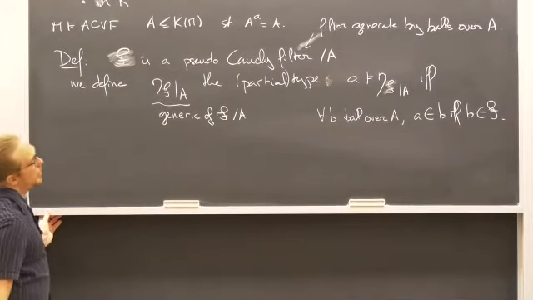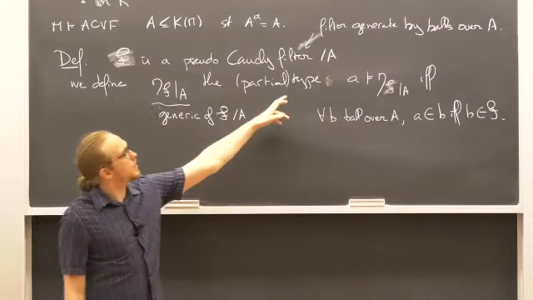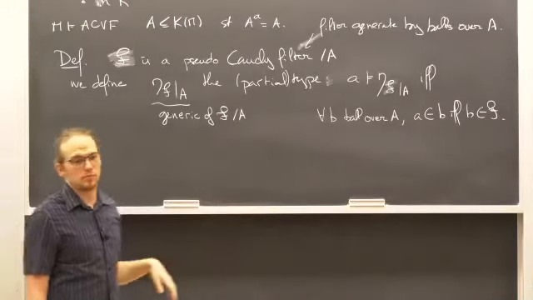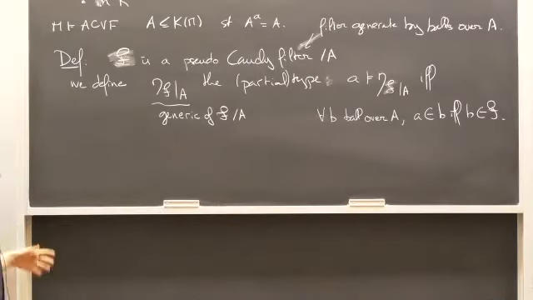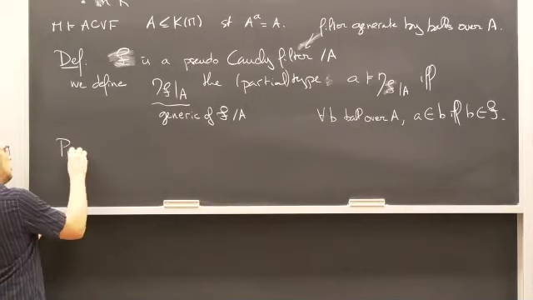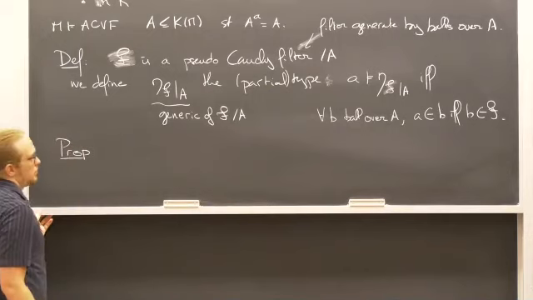And so the main thing we want to prove is that this is actually a complete type, and that in fact every type is of this form. Okay, so the main proposition for now is the following.